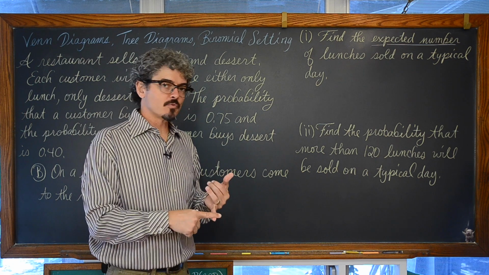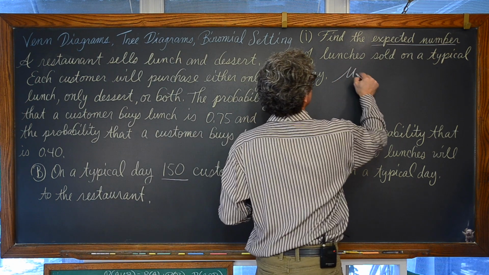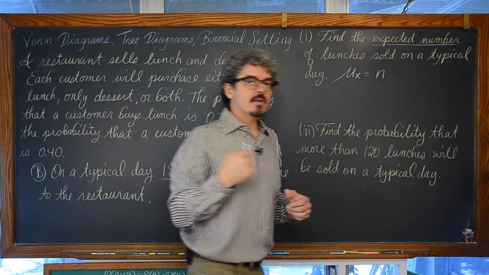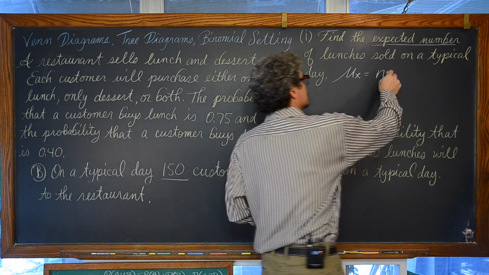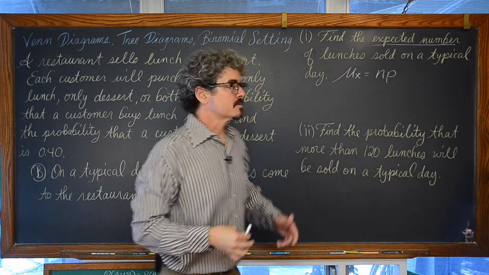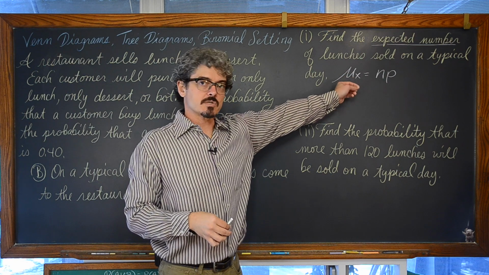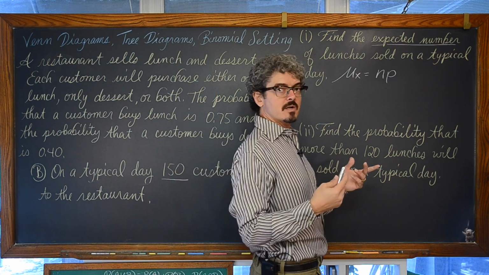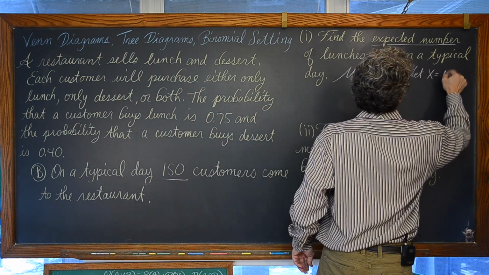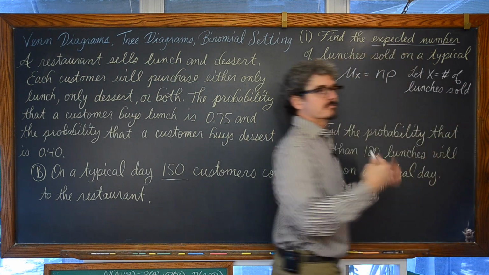You have a set number of people coming in, and you have a probability of some event occurring. So this is the mean of a discrete random variable. Let x be the number of lunches sold on a typical day.